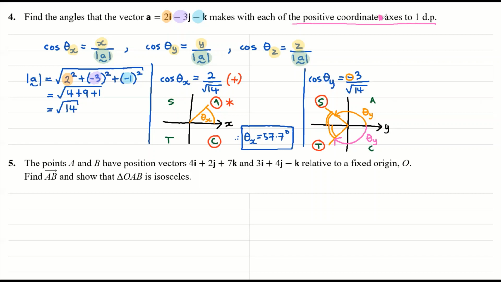So it doesn't matter which direction you do it, you're still getting the same theta y. It's still the same obtuse angle. So the formula works absolutely perfectly, and you don't really need to worry about CAST or anything like that. You can just plug the numbers in as they are, because you're either going to get an acute angle or an obtuse angle, and you can only get an acute or obtuse angle with the positive coordinate axes.